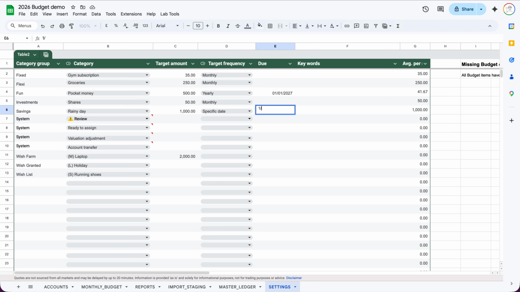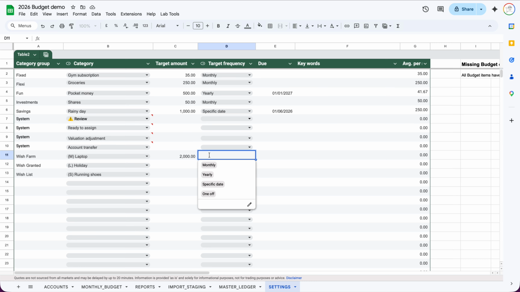So let's say the 1st of the 6th, 26. So a specific date is I'm going to save up to £1,000 on this specific date, and it'll divide it for me per month. But after that date has been reached, it doesn't reset like the yearly one does.